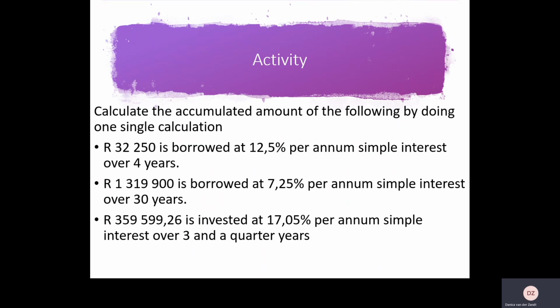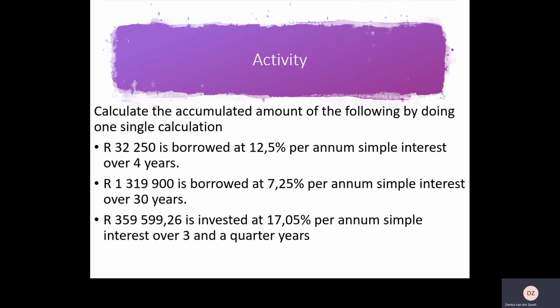Okay, our next activity, we're going to do it in one calculation. So we'll do the first one together. So we have 22,250, which we are borrowing. So I will do my accumulated in one calculation now. With my principal plus my principal times my interest rate. I'll use the percentage this time. Times my number of years, which is 4 years.